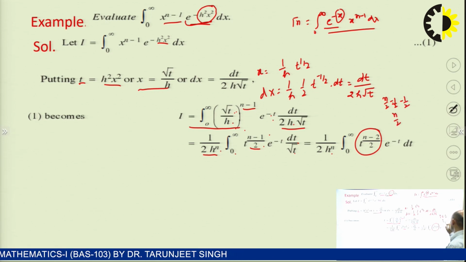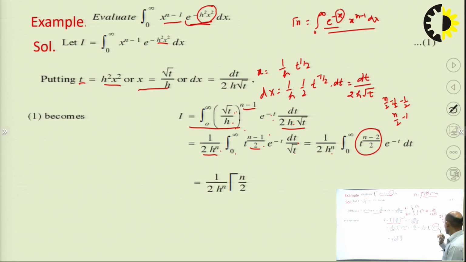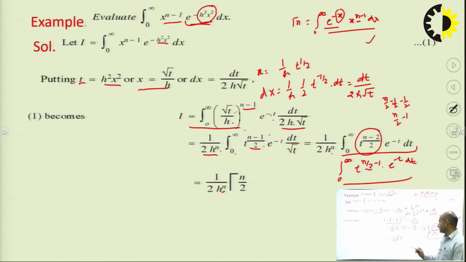So this term is integration 0 to infinite t raised to n by 2 minus 1, e raised to minus t dt. On comparison, the power is n by 2 minus 1, so this whole integration is gamma n by 2. So the value of the given integration will be 1 upon 2 h raised to n, then gamma n by 2. This is the value of the given integration in terms of the gamma function.